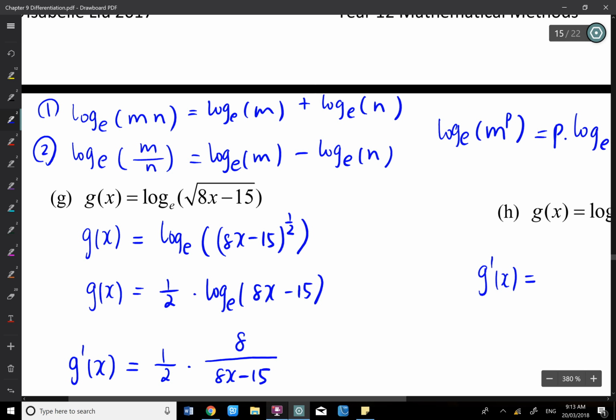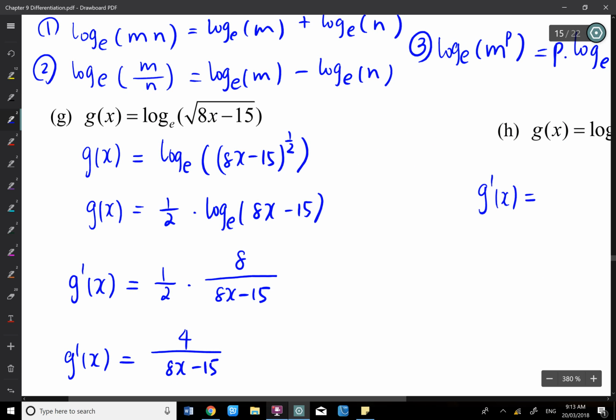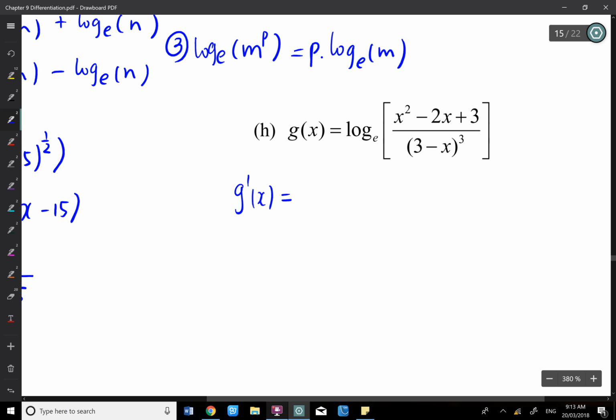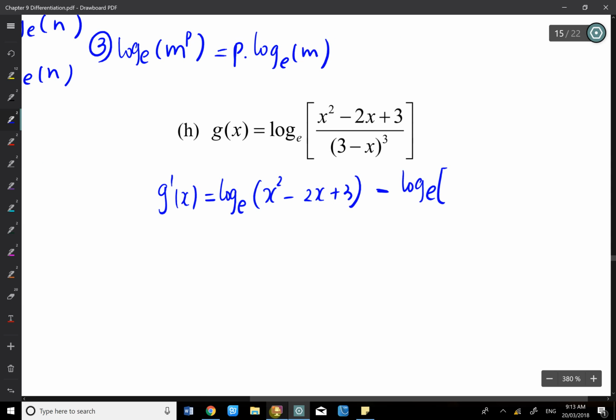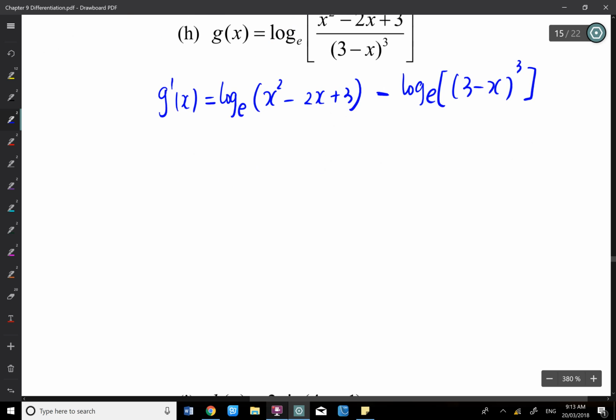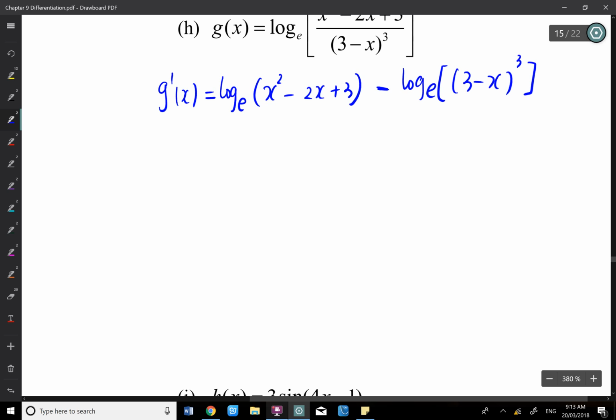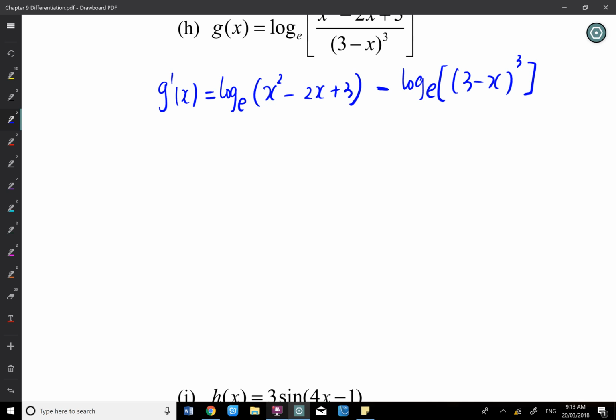Sorry, the second. Yes, we use the second, because it's a fraction. So log e of x squared minus 2x plus 3, minus log e of 3 minus x to the power of 3. Can I do anything else?